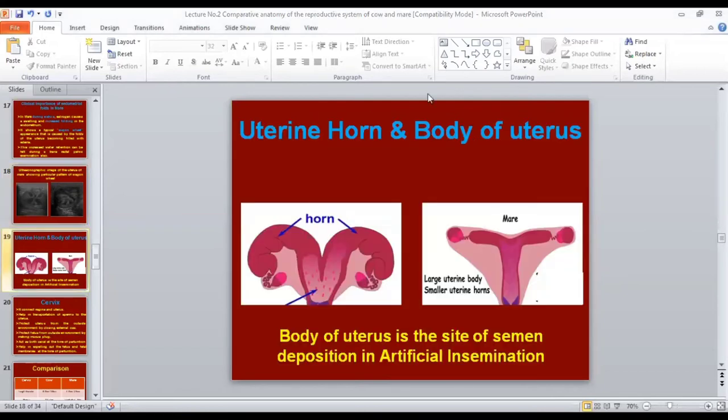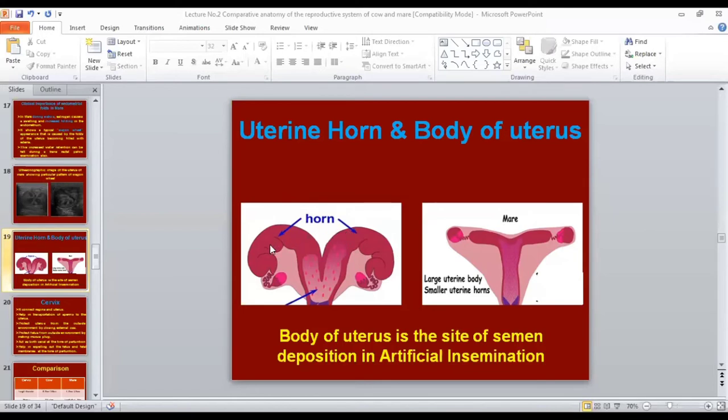Okay, then you can see over here in the given picture the uterine horns and the body of the uterus. The major difference in size and shape in the mare from the cow is that in the mare the shape of the uterine horns is roughly Y shape, or you can say T shape, and the uterine horns are shorter as compared to those of the cow.